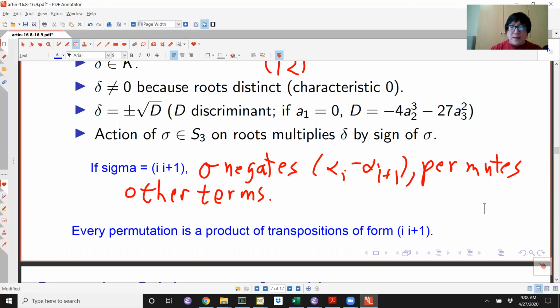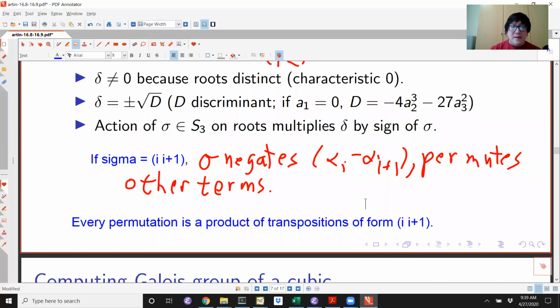The number of negations that you get will be equal to the number of those transpositions. You may remember from last semester, from distant times, like before coronavirus, which is like forever, that every permutation is a product of transpositions, and its sign is plus 1 if it's a product of an even number of transpositions, and minus 1 if it's a product of an odd number.